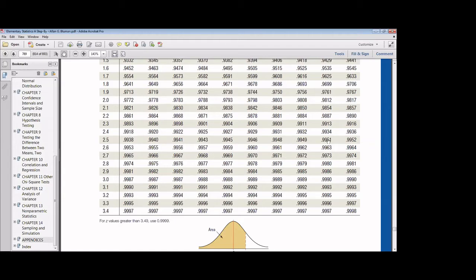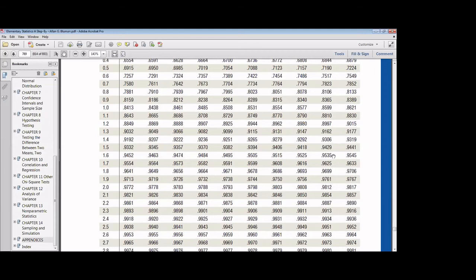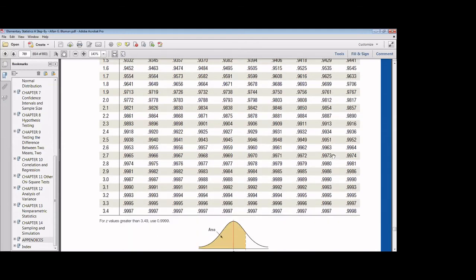It's actually somewhere here, between 2.57 and 2.58. You can use either, depending on the number that is closest, but they are actually close.